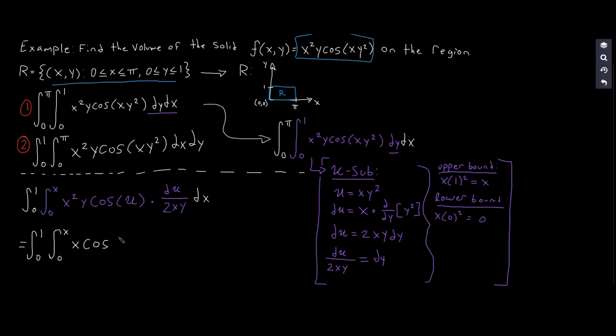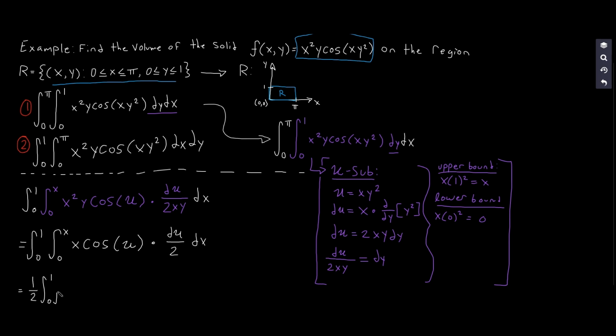Cosine of u, but now that du just changed because we took out an x and a y. Oh, but that's 1/2, I think, dx. But that's 1/2 I could factor out. I think I could factor out that 1/2, right? It's like 1/2. And I'm taking it out of both of them.